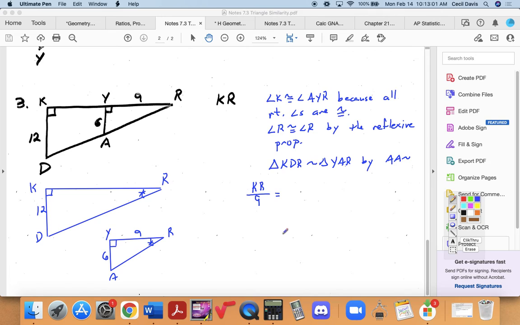Then I've got to go back to my big triangle. So that's going to be 12, which was KD, which matches up with YA, is 6. Again, I'll always reduce these. That's 2 to 1. Cross multiply, and I get that KR is 18.